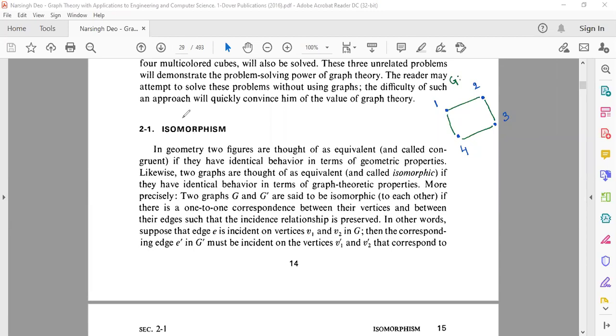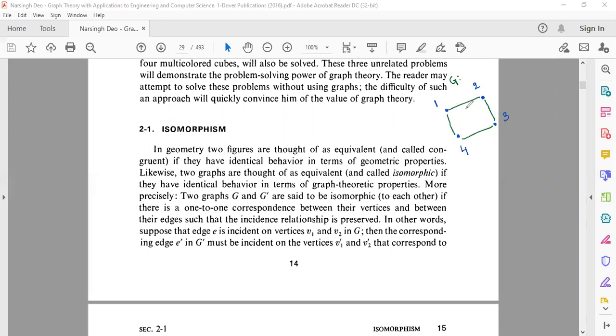And remember, the type of graphs that I'm discussing right now are actually called undirected graphs, because the direction is not mentioned. Whether you move in a clockwise direction or anti-clockwise direction doesn't matter.